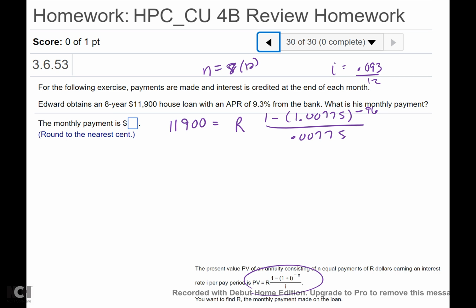So, if I start simplifying this mess, 1.00775 caret negative 96, and I do 1 minus that answer, and then I divide by 0.00775. 11,900 equals R times 67.53881046. And to get our payment, I'm going to divide by that.